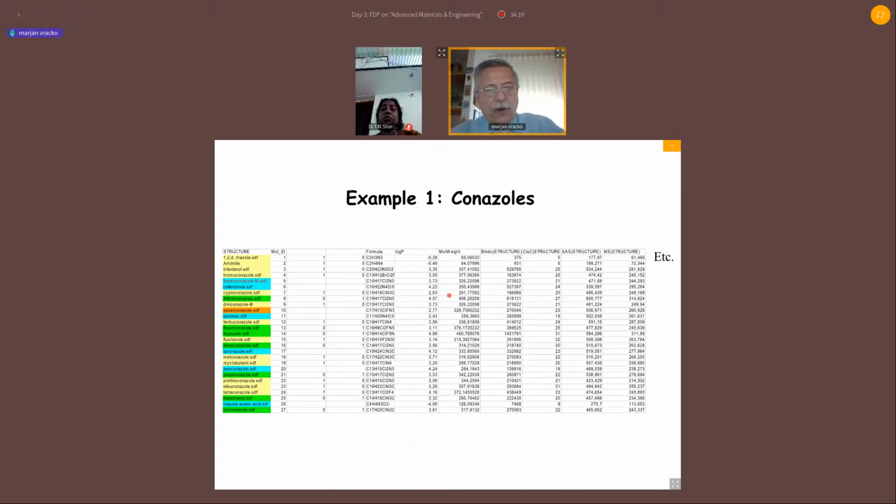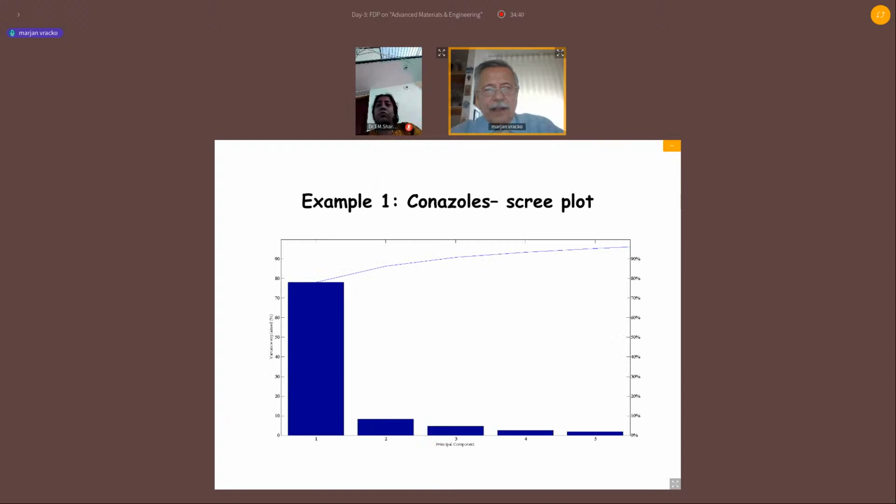So the table looks like this. This color just indicates the level of official classification of those compounds. So our data table looks like this, and we performed a PCA study on those data.